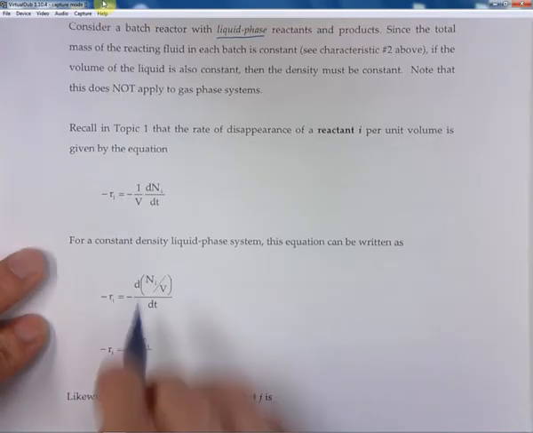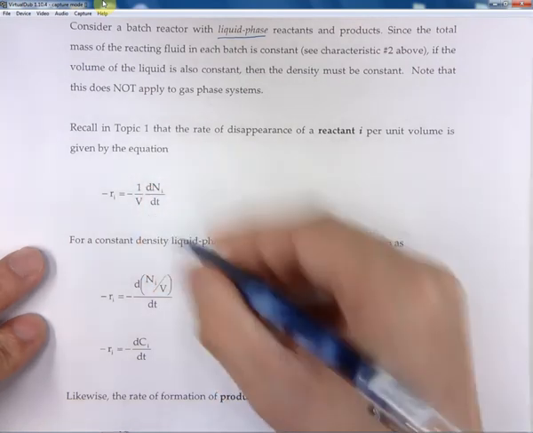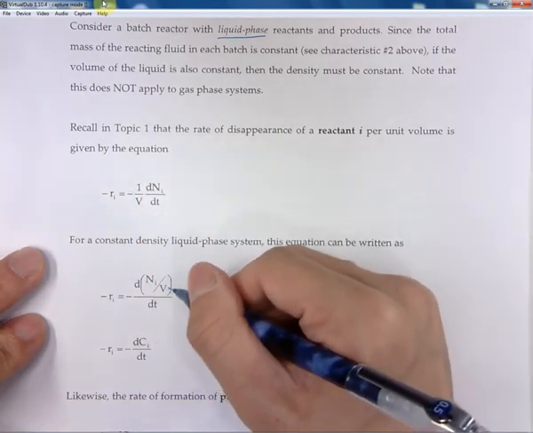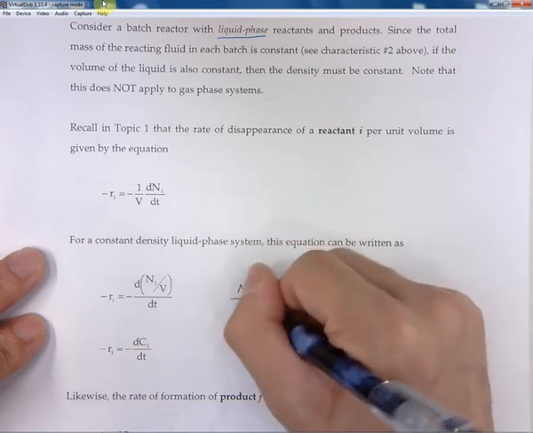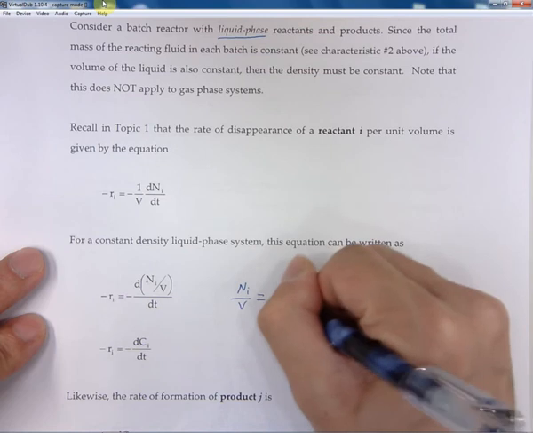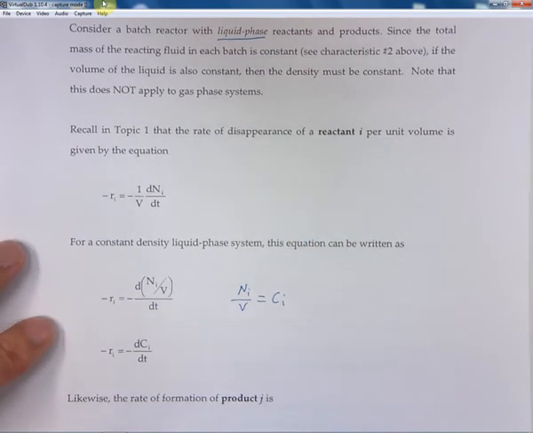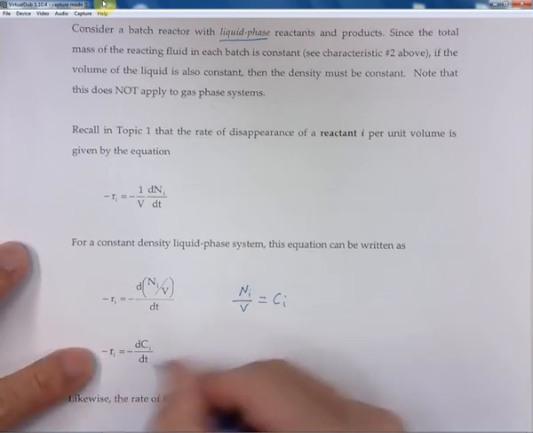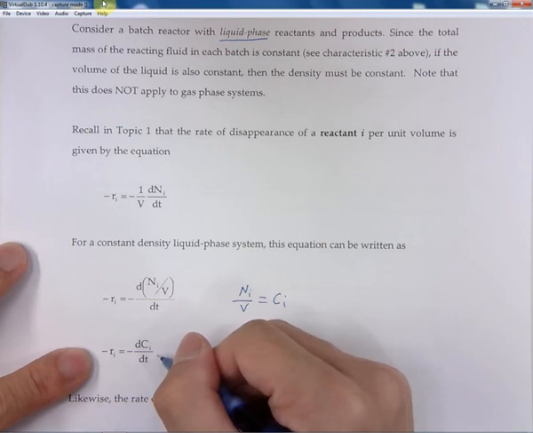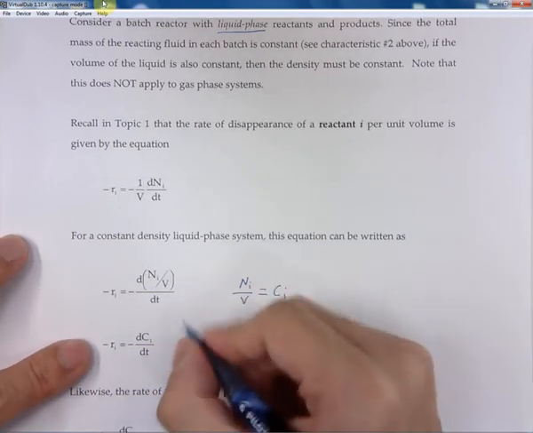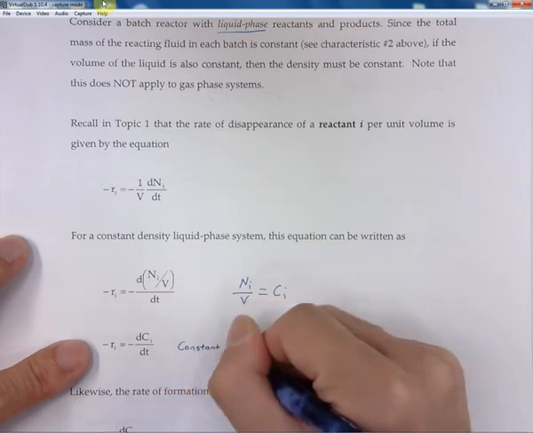So if you say a constant density, this V over here can be brought into the differential term, and Ni over V is equal to concentration. Remember, concentration is mole per unit volume. So with this we can write it as change in concentration per unit time. Do note that this is only for a constant density system.